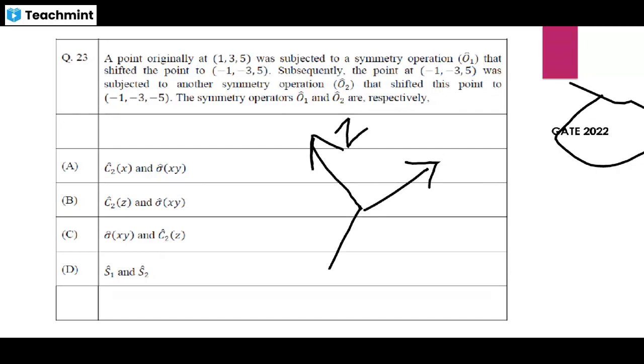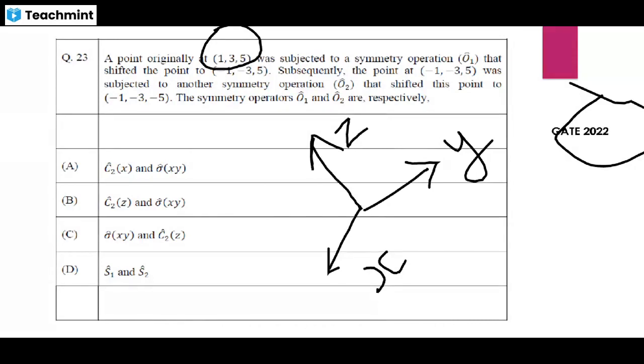I already told you there are many methods to solve a problem. This is all a mathematical problem. This is one of my methods, so I think it is very easy. So you see x, y, z is at 1, 3, 5, plus, plus, plus. You just see the sign. These are all plus. After the symmetry operation they shifted to -1, -3, 5.